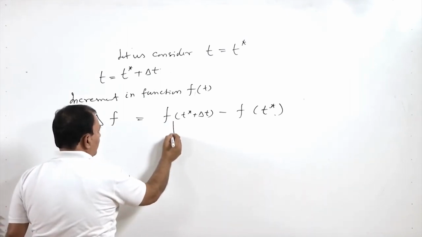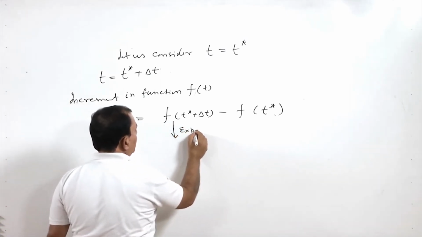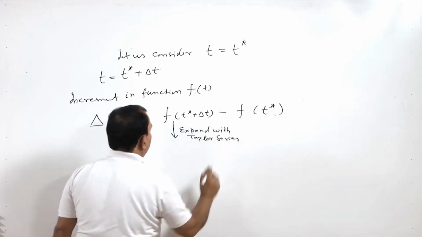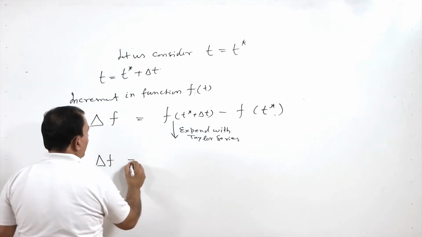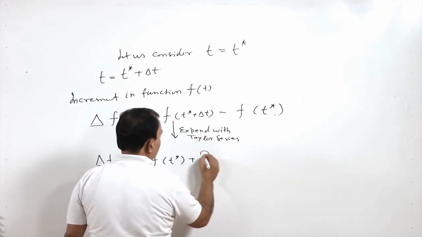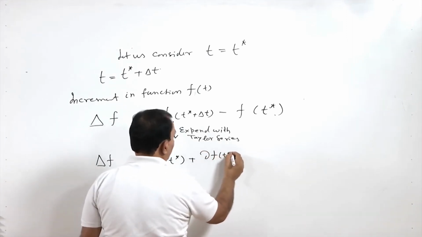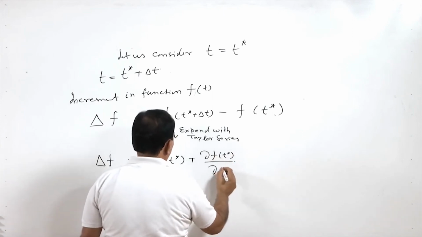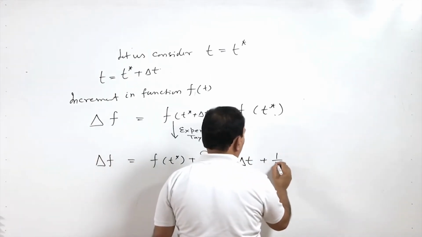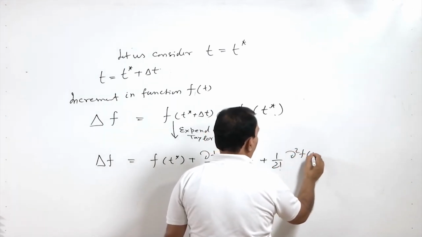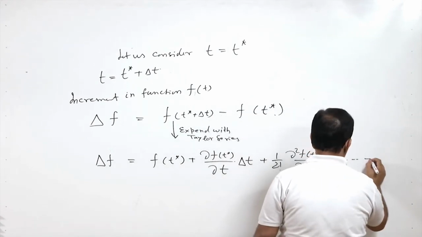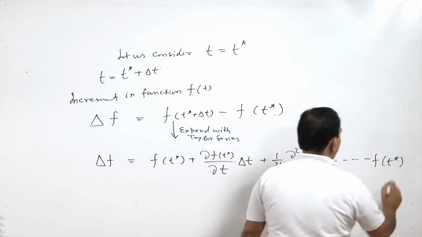If I expand this with Taylor series, then I have delta f to be f at the t star point plus del f by del t times delta t plus 1 upon factorial 2 times del 2 f(t star) by del t square plus some higher order terms, minus f(t star).